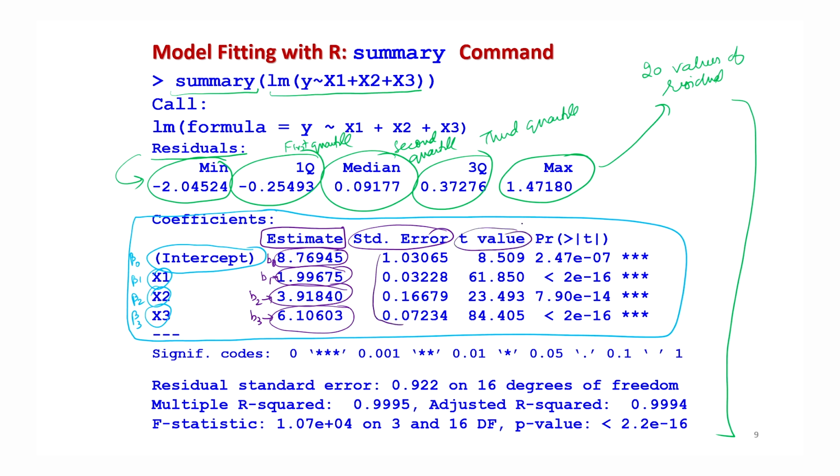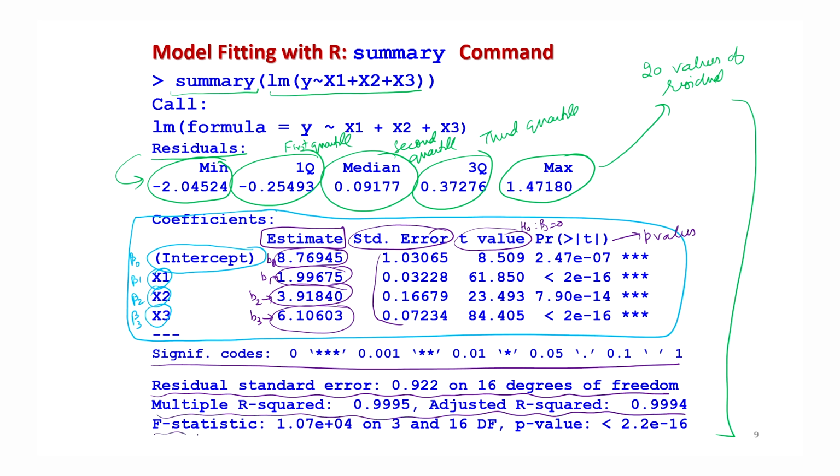T values are the t statistics corresponding to H0: beta j is equal to 0, and then we have the p values. Then we have a significance code. Then the residual standard error on 16 degrees of freedom, multiple R squared, adjusted R squared, F statistic, etc., and p value. This part we will discuss later, but today we are going to talk about this part here. So, let us take it one by one.